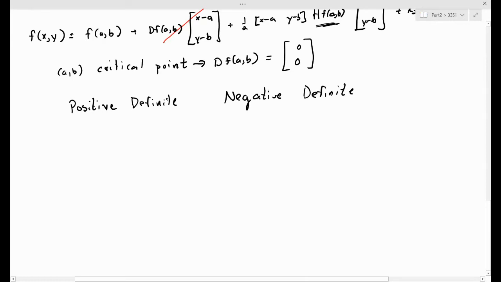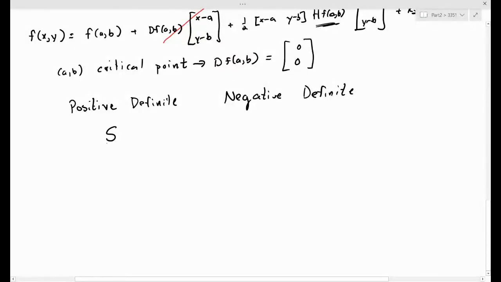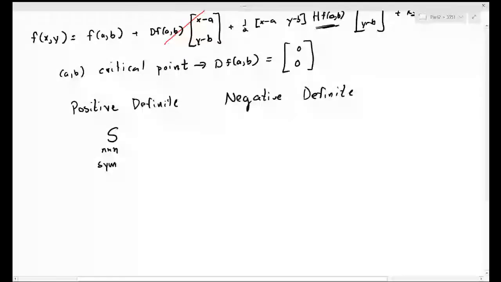Ooh, it's not good enough that the determinant is positive. So we'll start with the definition of positive definite. So we have, let's call it S, a matrix, it's an n by n matrix, and it's symmetric.